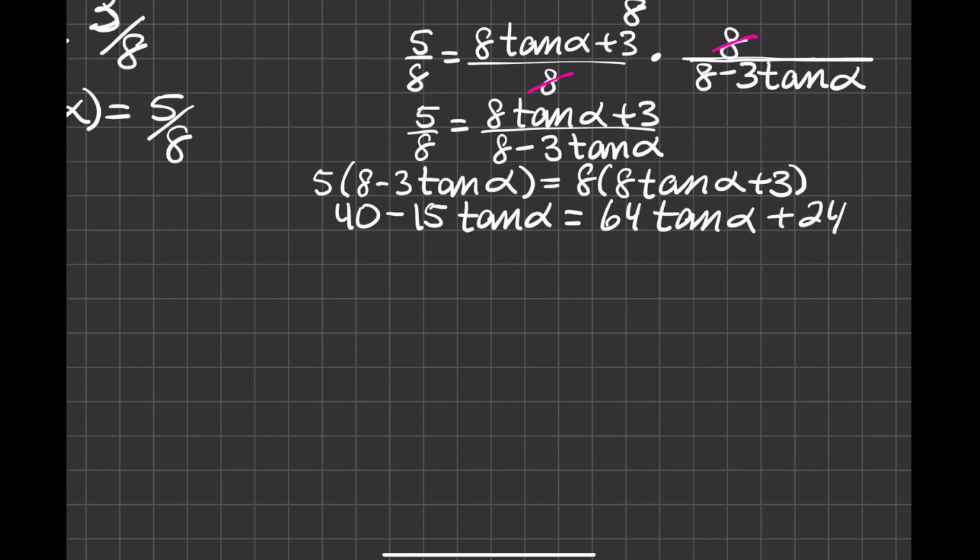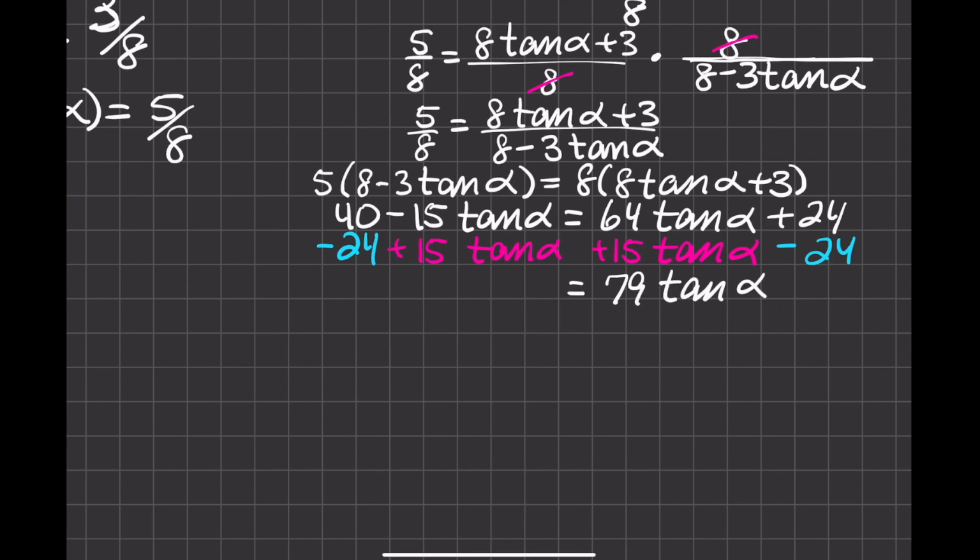We're going to add over the 15 tangent of alpha, and at the same time we're going to subtract both sides by 24, giving us 15 and 64 is going to be 79 tangent of alpha is equal to 16. And so we have 16 over 79 is equal to tangent of alpha.